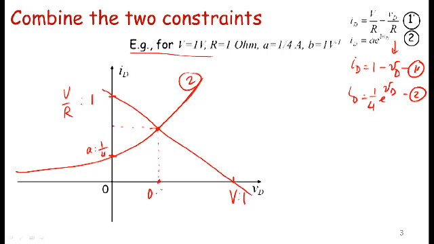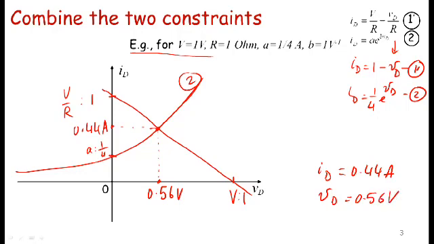This point will be 0.56 volts, and this point will be 0.44 amps. It's the same as what I calculated in the analytical method. So let me write that down: ID equals 0.44 amps, and VD equals 0.56 volts. Basically, I've just taken the two graphs, superimposed them. This was 1 prime, and the nonlinear one was related to equation 2.